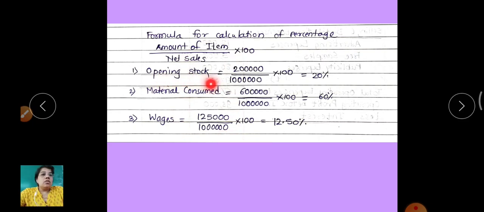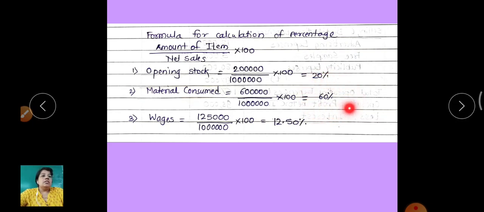Opening stock is given as 2 lakh rupees. 2 lakh divided by 10 lakh into 100 makes a percentage of 20%. That means opening stock is 20% of the net sales. Material consumed is given as rupees 6 lakhs. So 6 lakhs divided by 10 lakh into 100 is equal to 60%, which means material consumed is 60% of the net sales.